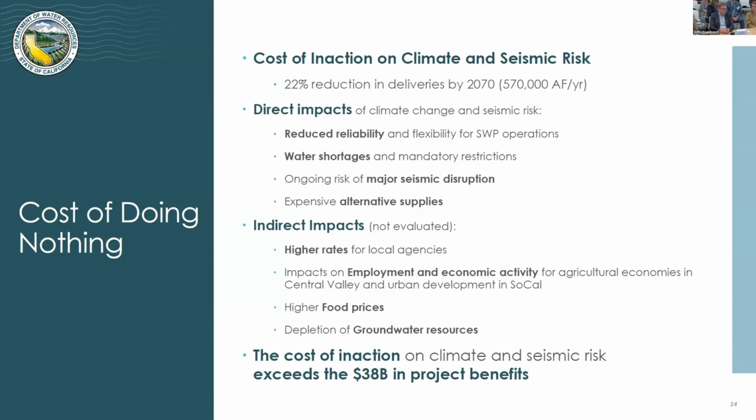So some of the indirect impacts of not investing in the DCP are higher rates for local agencies, impacts on employment and economic activity, especially in agriculture where farmers will be forced to fallow more frequently. And that's got all kinds of local implications for farm jobs and other jobs in the rural economy.